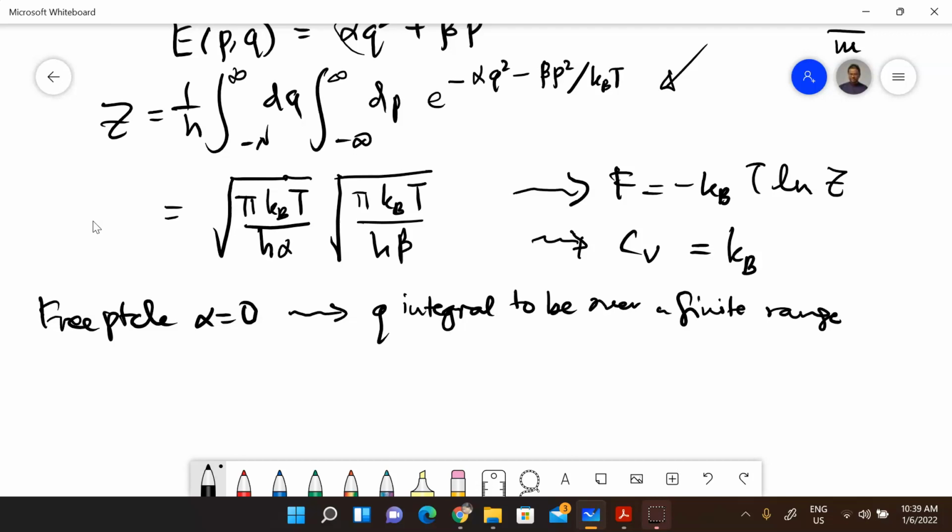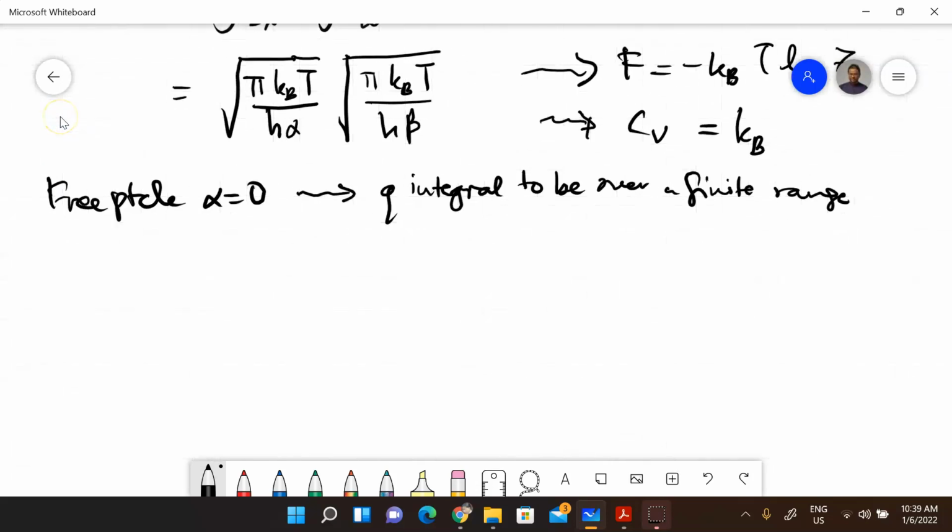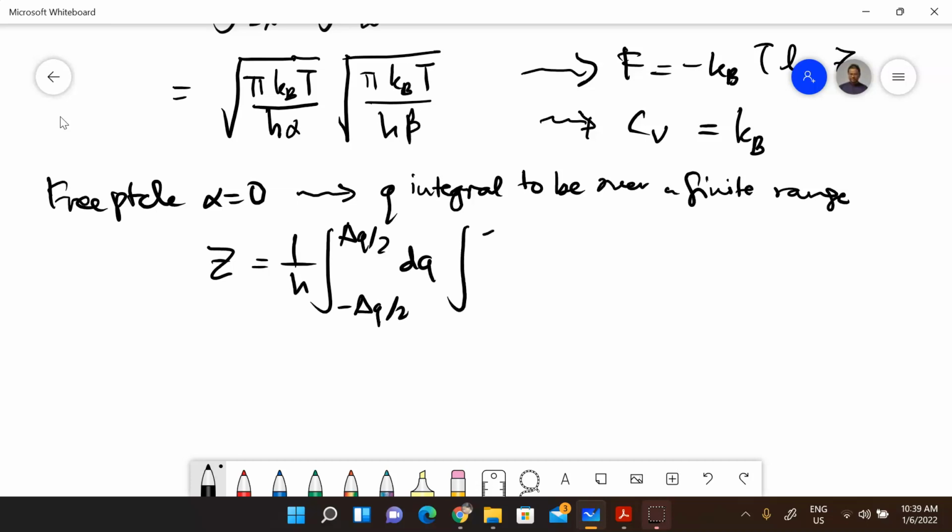So in that particular case, you can modify that partition function earlier into the following. Z equals 1 over h. So the integral is going to be finite here. And this will be just your p squared here.